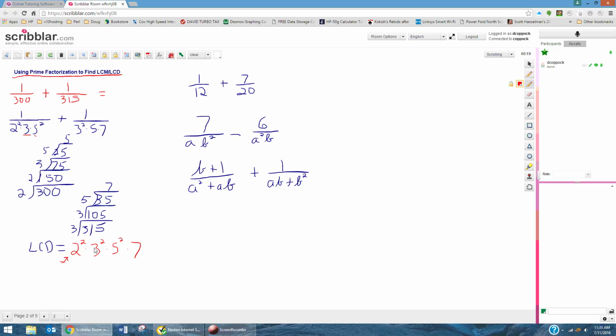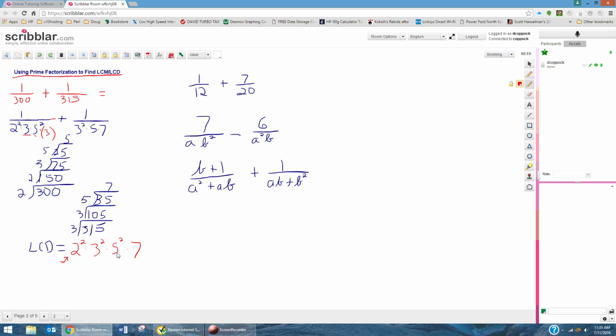Now, since I wrote these factors down, I can look at this least common multiple and see what additional factors I need to turn this denominator into the LCD. I've already got a 2 squared. I need 3 squared though, so I need another factor of 3.